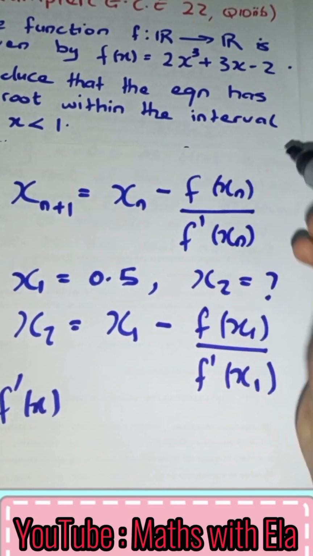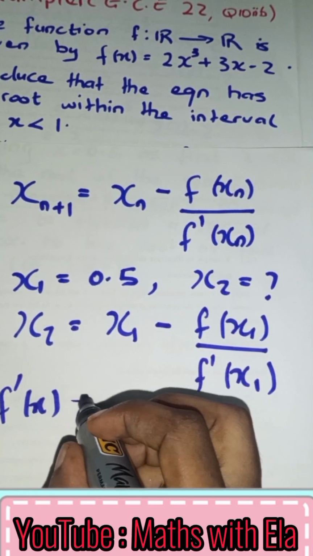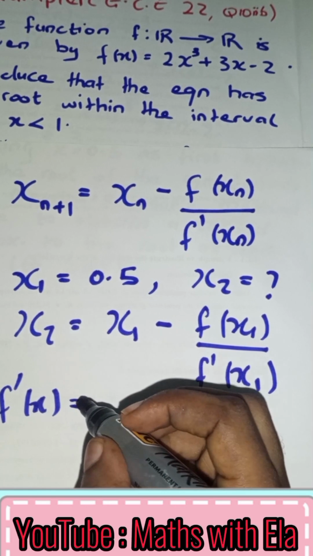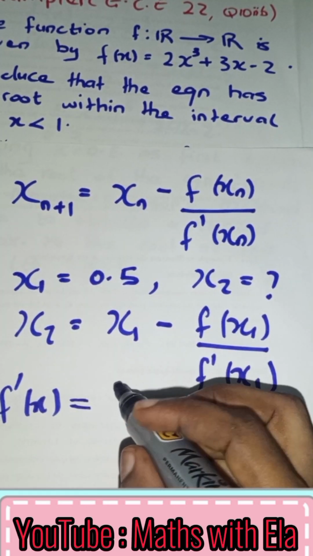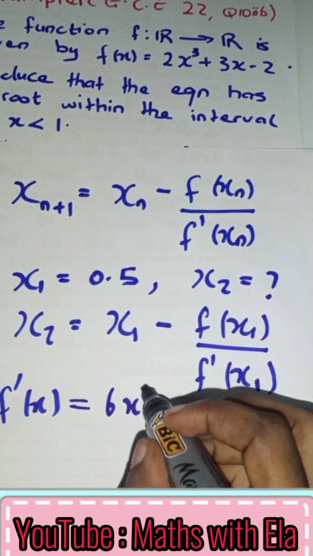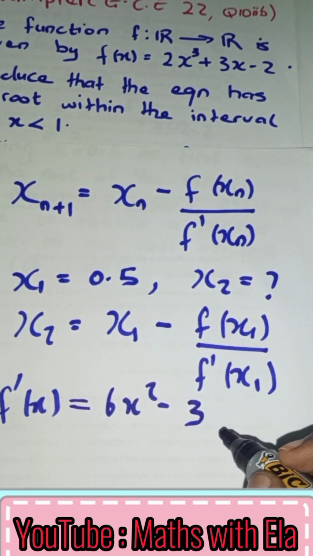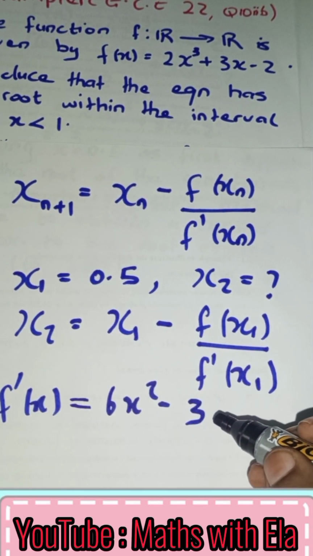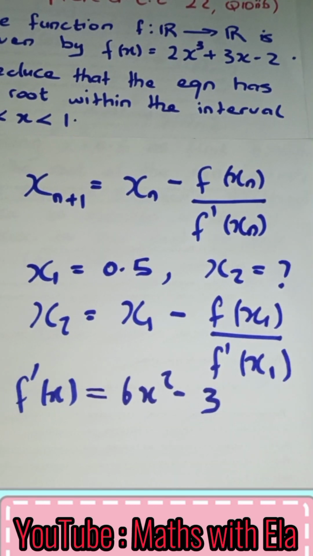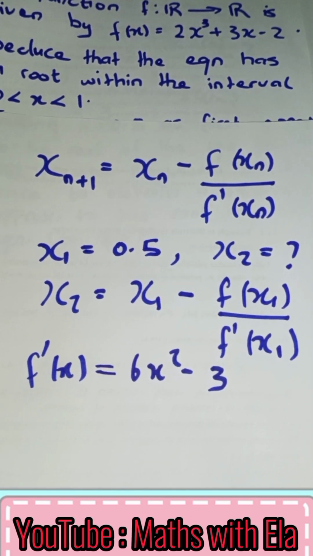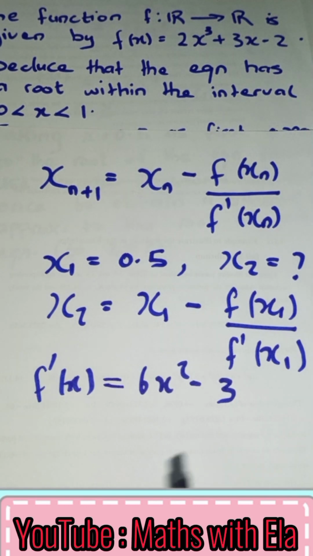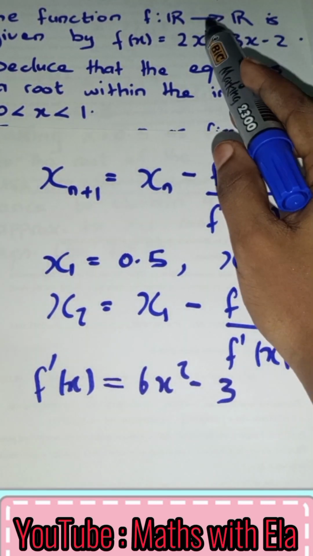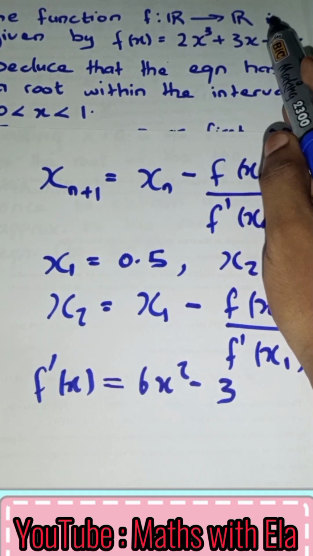We need to differentiate this to find f prime of x, and that's going to give us, going by differentiation rules, 6x squared minus 3. I hope we are okay with the differentiation, because that is a prerequisite for this lesson. You should be able to differentiate different kinds of functions. So differentiating this, you bring down the power and then you subtract 1 from the power.